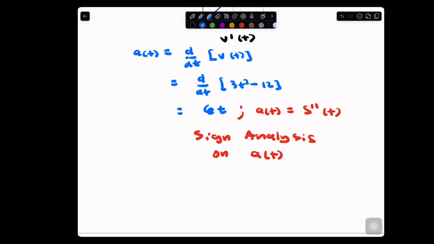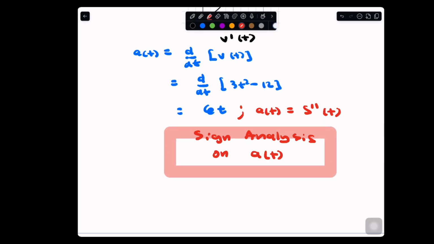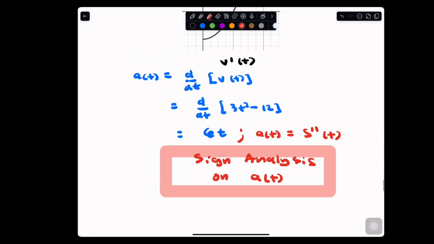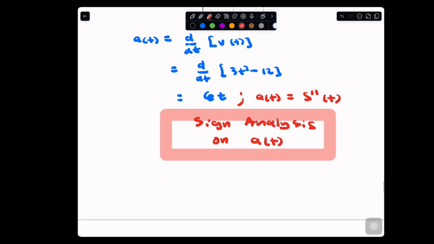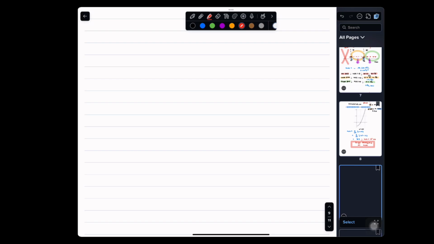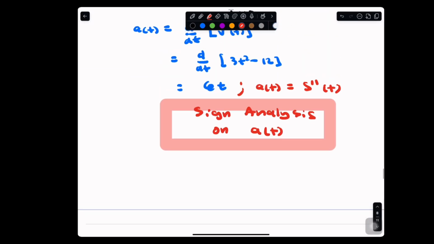So this is also in and of itself a pretty big exercise for the course, because this isn't going to be the first and only time you do sign analysis on derivatives. You'll see in the future you'll be doing more of that. So it's a good investment to review sign analysis. Sign analysis is not going away. Okay, so let's get to the sign analysis. And that's really what this is about in my mind to some degree, sign analysis on derivatives, and then reading what you have.